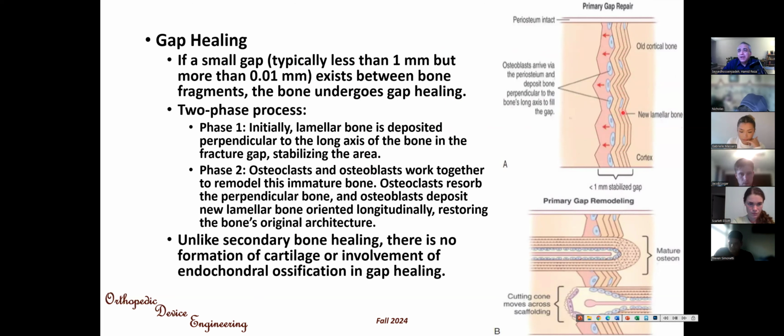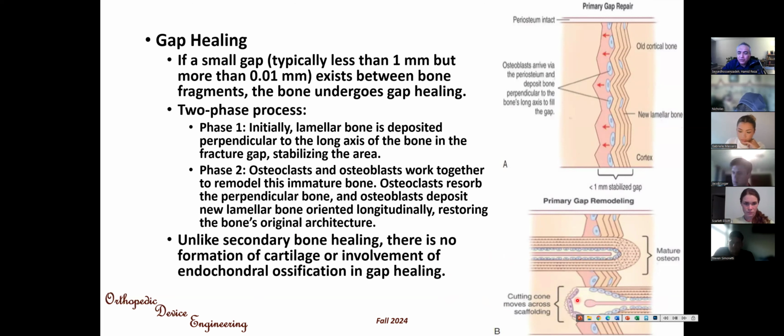When it happens and the fracture gap is complete, again, the cutting cones from the osteons that are present along the length of the bone start to do the same thing as contact healing.